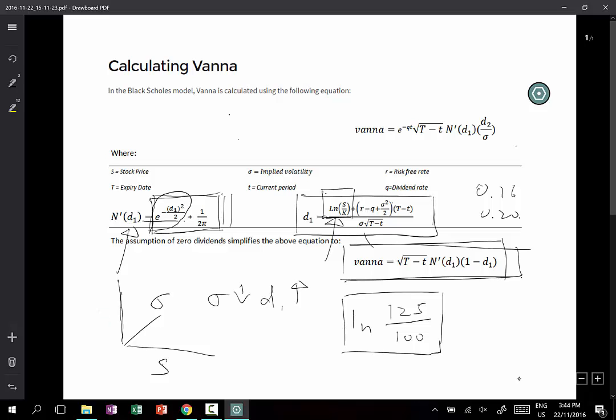Okay, you'd find that this term tends to come down as volatility goes up, because the sigma is hiding here and also here.